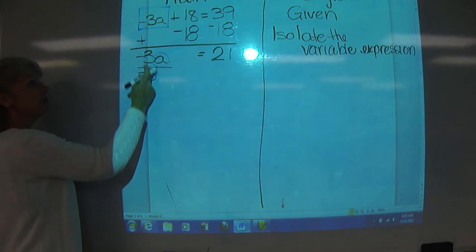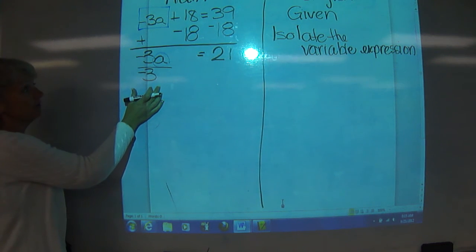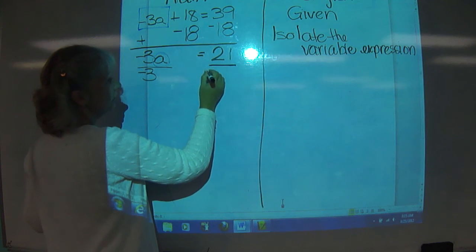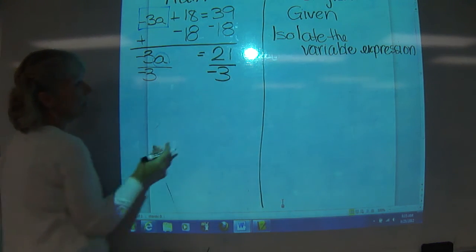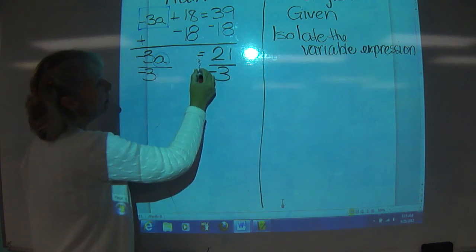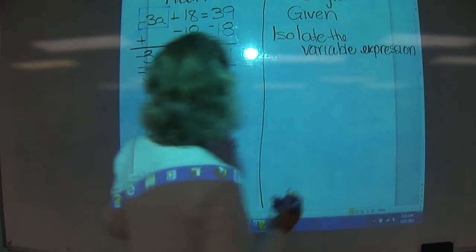Because we want this to be 1a. So we're going to have to divide by the entire coefficient, which is negative 3. And if we do it to one side, we're going to do it to the other side. And when I talk about sides, I'm talking about the equal sign. That divides the equation into two sides.